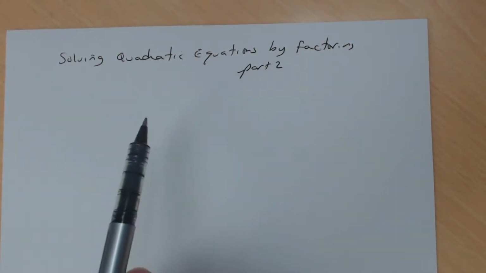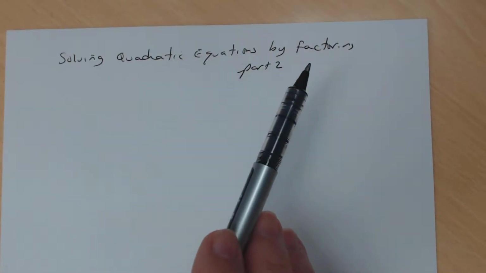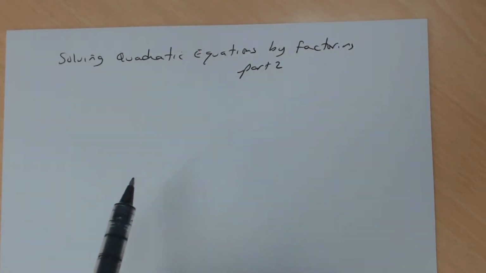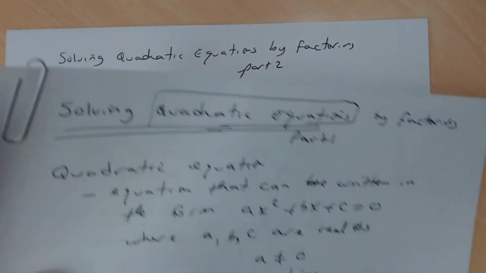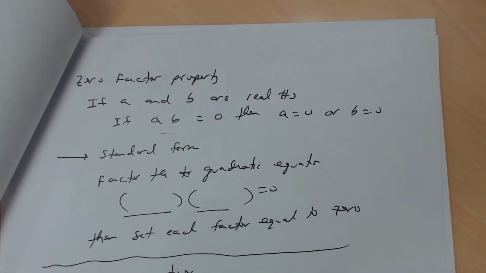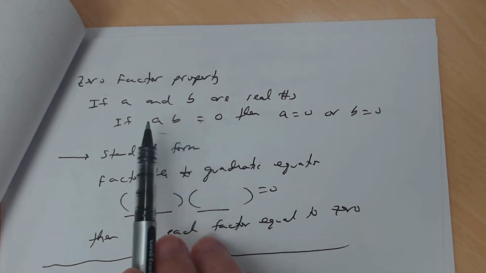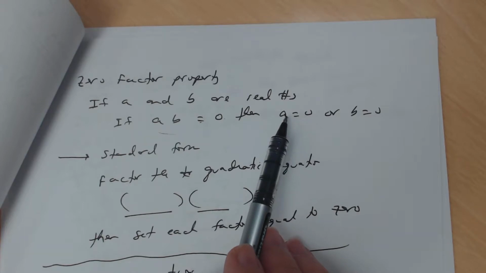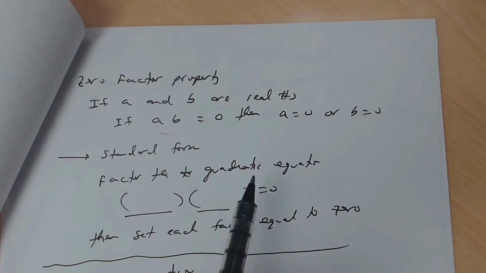Also remember in the previous lesson, we solved these quadratic equations by factoring using the zero factor property. The zero factor property said that if you have two or more factors whose product is zero, then at least one of those factors had to be zero.